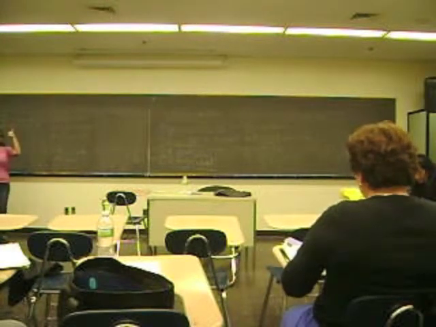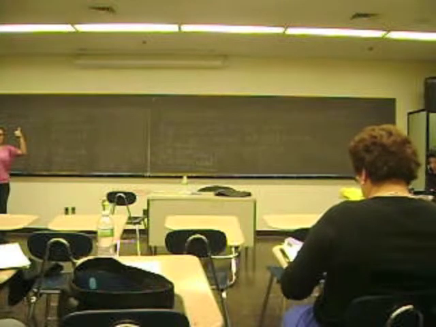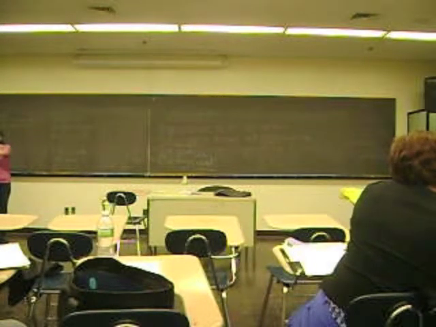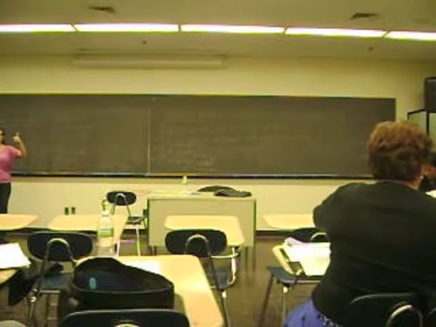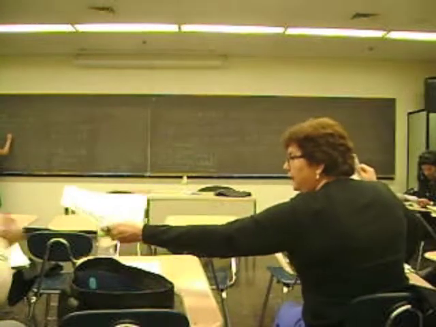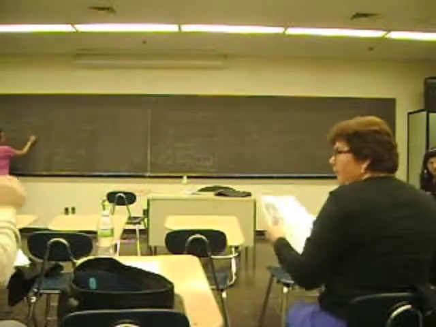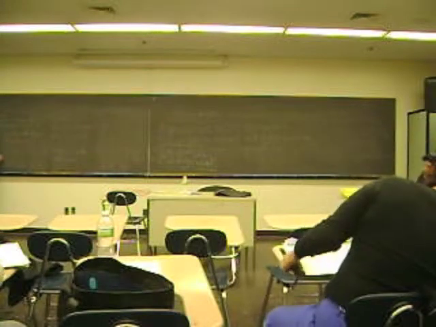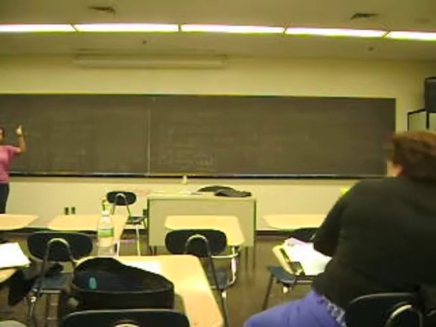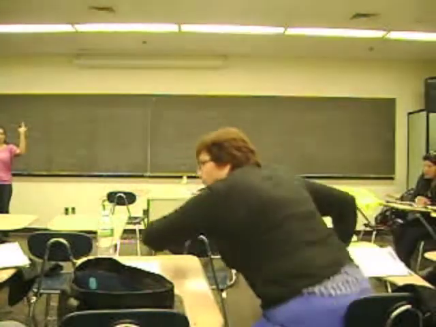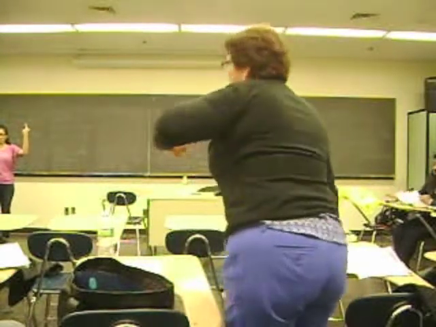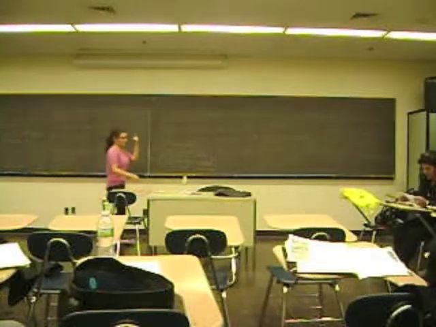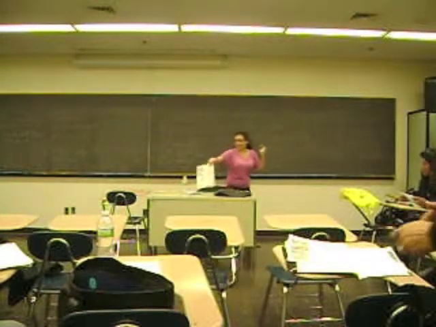So what is the first thing we're doing? I gave you this. Look at the picture. First, I want you to look at the picture, and then? Write a sentence.